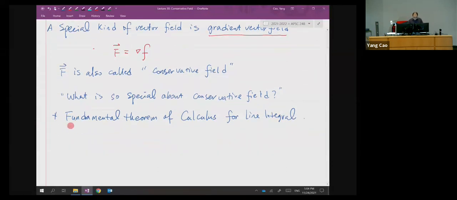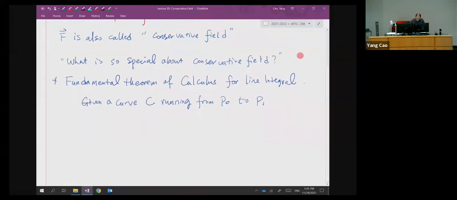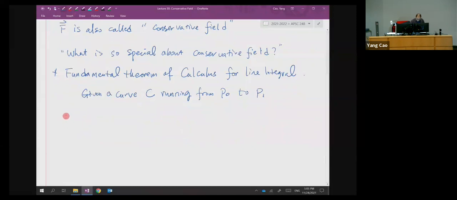So what is this fundamental theorem? Let's write down the description of this theorem. Given a curve C running from an initial point P0 to P1, let me illustrate this curve C here.